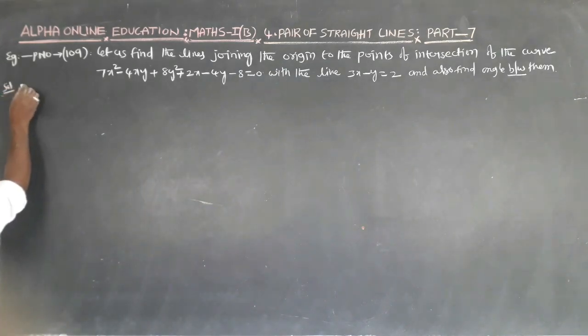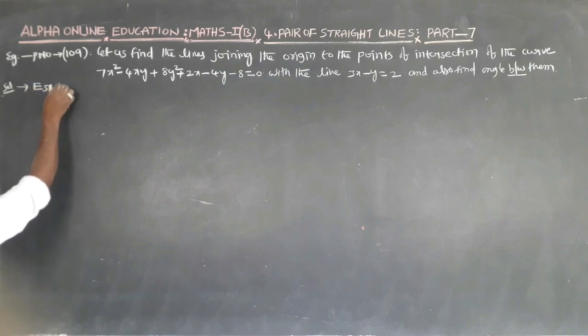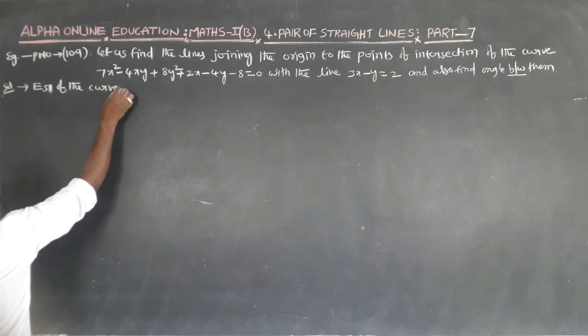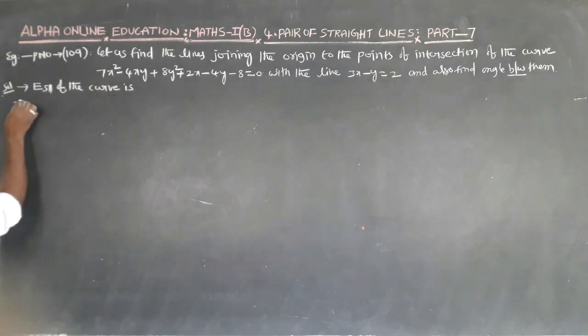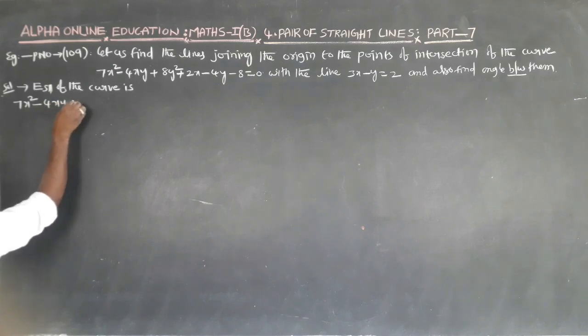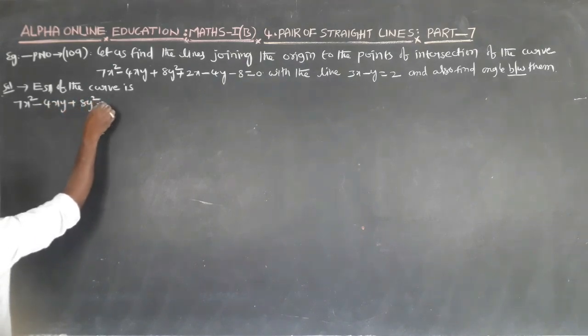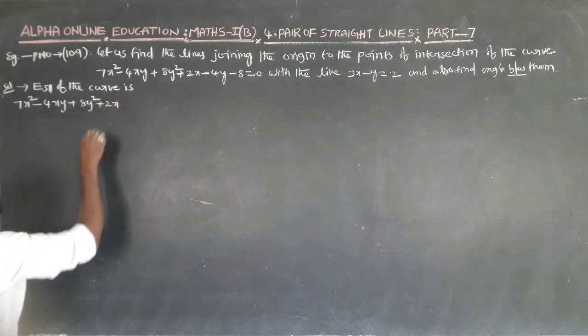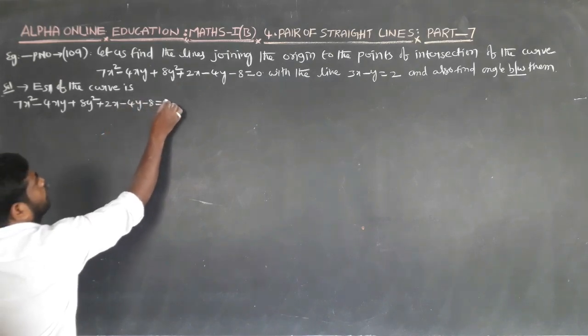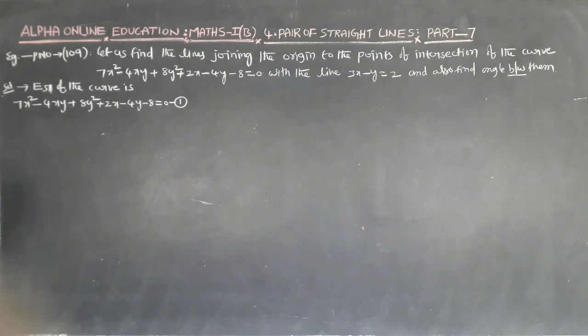Here is the given equation of the curve. Equation of the curve is 7x square minus 4xy plus 8y square plus 2x minus 4y minus 8 is equal to 0.